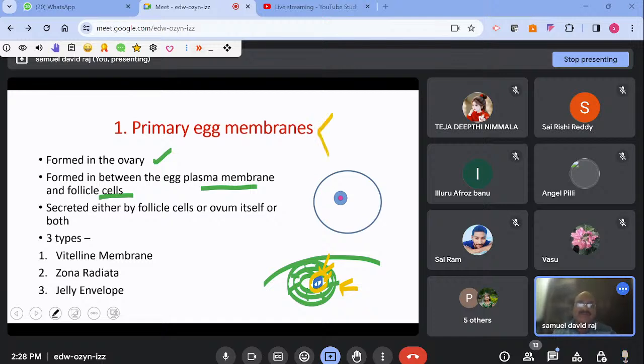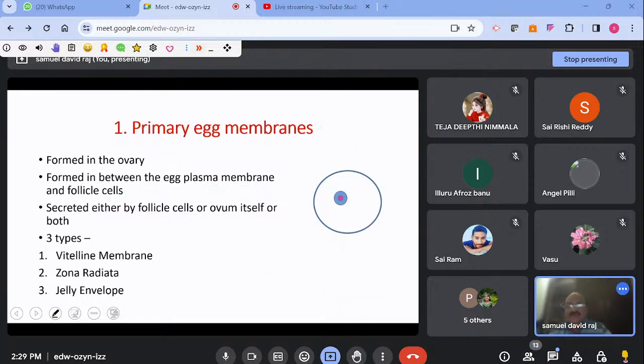So it is secreted by the follicle cells or the ovum or both. And these are of three types. In some it is called vitelline membrane, in some it is called zona radiata and also jelly envelope.